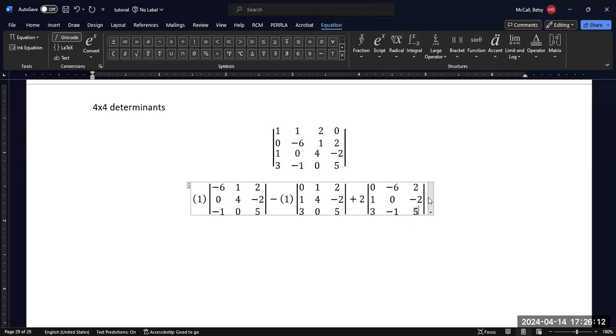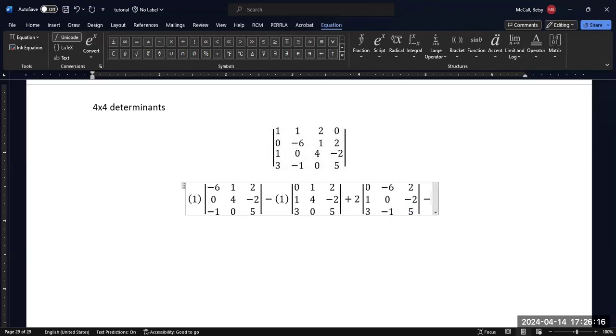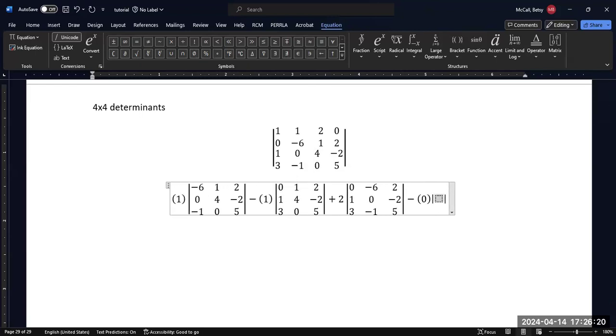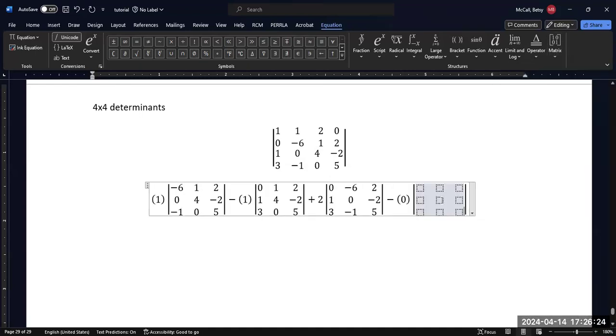And then the next one I don't have to worry about because I'm multiplying by 0. Again, the sign changes. I'll just fill that in with whatever, because who cares? It's multiplied by 0. So we just really have these 3 matrices that we have to worry about.